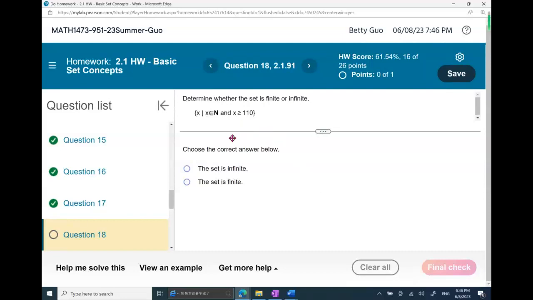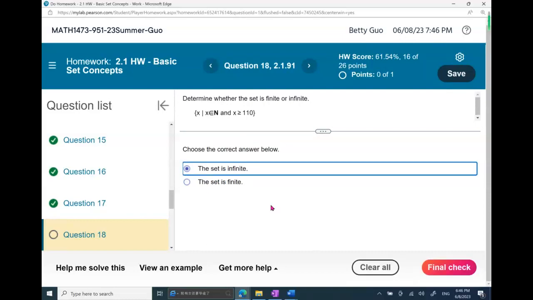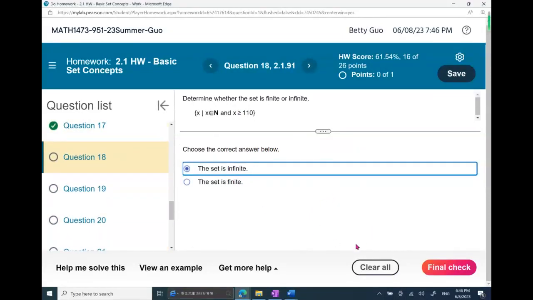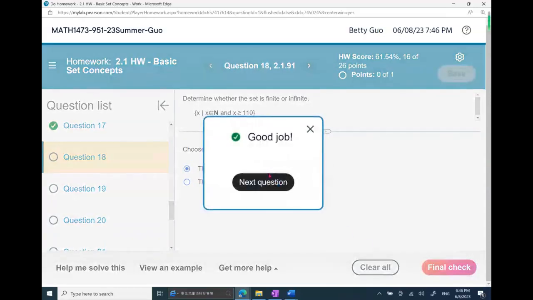Intuitive, yeah. A finite set means the cardinal number is a finite number. An infinite set has infinitely many elements. So is this infinite or finite? This is infinite, right, guys? Yep.